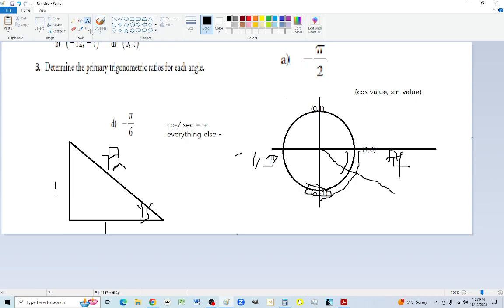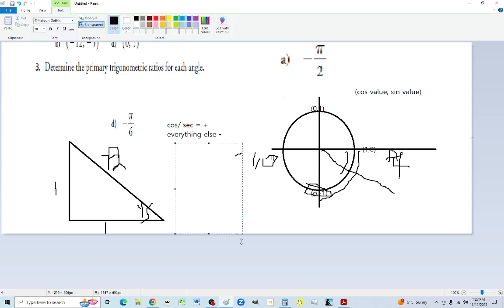And if you look at your SOHCAHTOA, the sine of 45, or pi over 4, is opposite over hypotenuse, 1 over square root of 2. The cosine of pi over 4 is adjacent over hypotenuse. The tan is opposite over adjacent, which is 1. We have to adjust based on CAST afterwards.